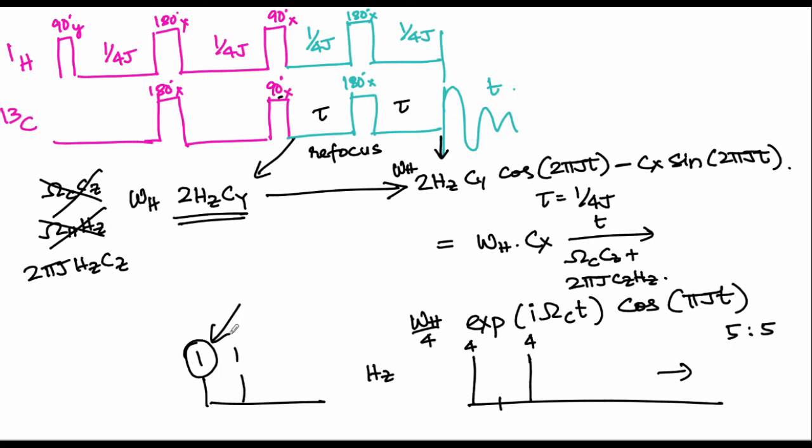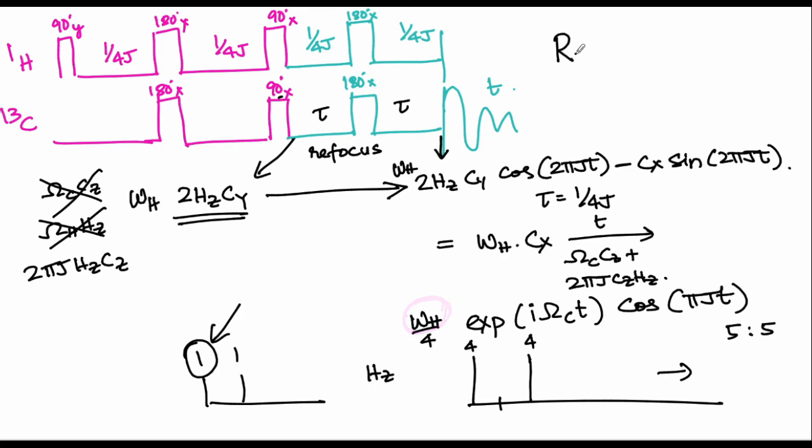And now if you decouple, what will end up happening is you get a single resonance at the sum of these two, which will be the intensity of 8, which you would have got as an intensity of 2. What you are able to appreciate from this fact is whatever you would have gotten as intensity of 2, you are getting intensity of 8. You are getting a 4 times boost in sensitivity that's coming from the gyromagnetic ratio of the proton.